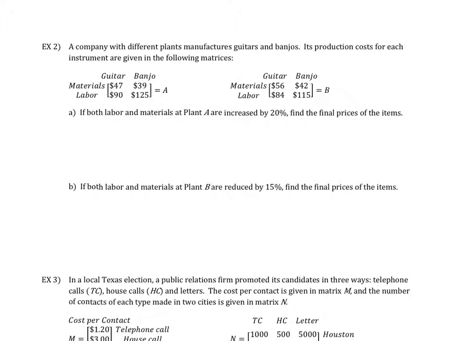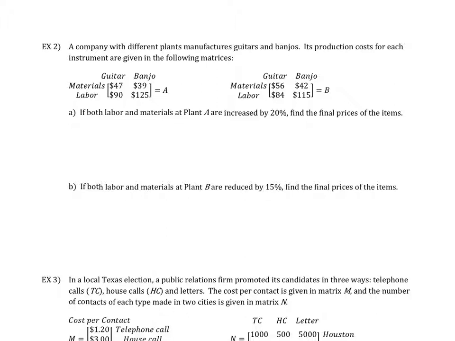So here we have materials costs for guitar and banjo in plant A, and labor costs for guitar and banjo in plant A. And we have something very similar over here for a different plant, plant B. So we have this question here. If both labor and materials costs at plant A are increased by 20%, find the final prices of these items.